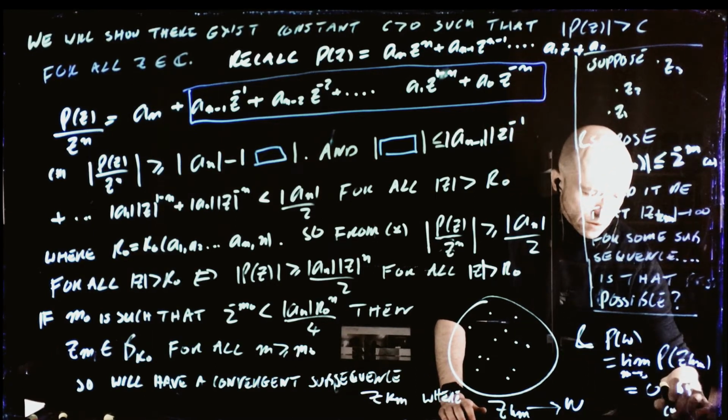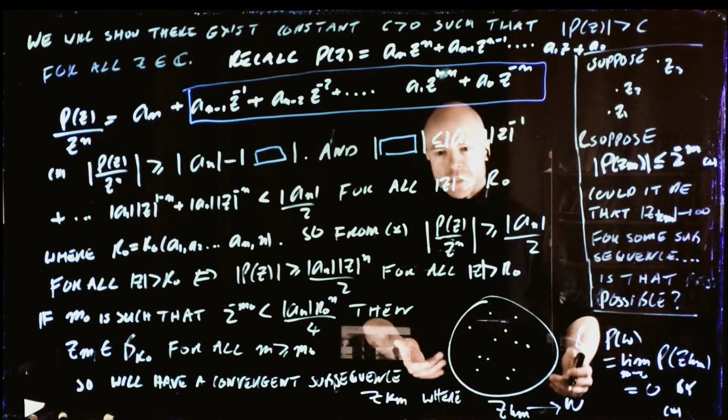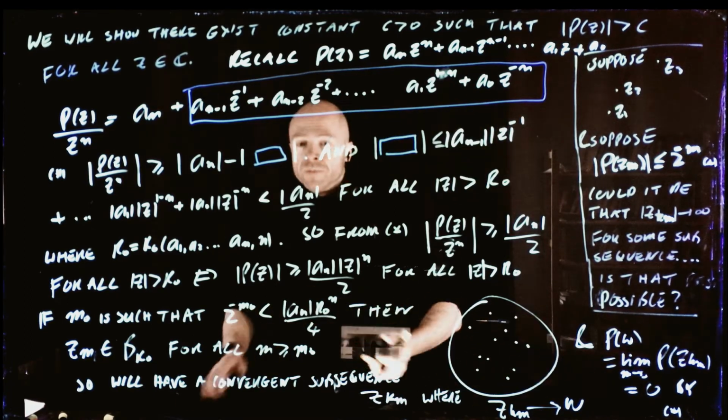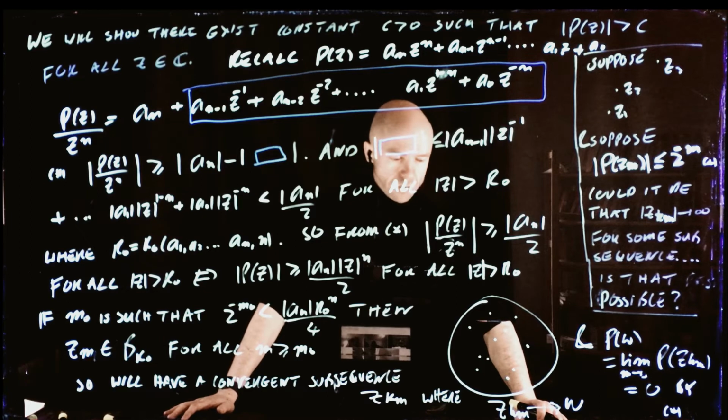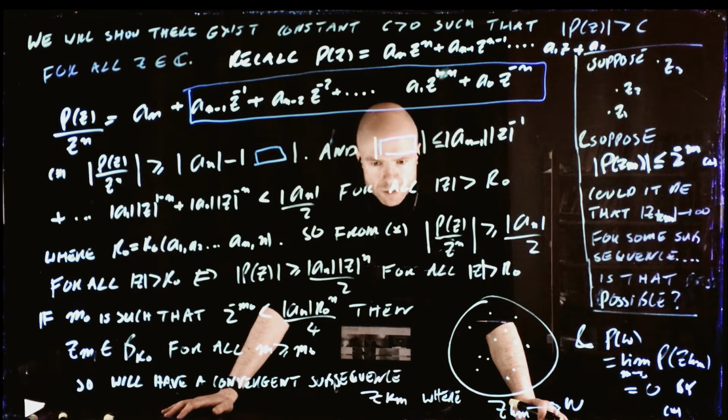By star. Contradiction, because we argued by contradiction and said, suppose there are no roots. And we have just shown there is a root.